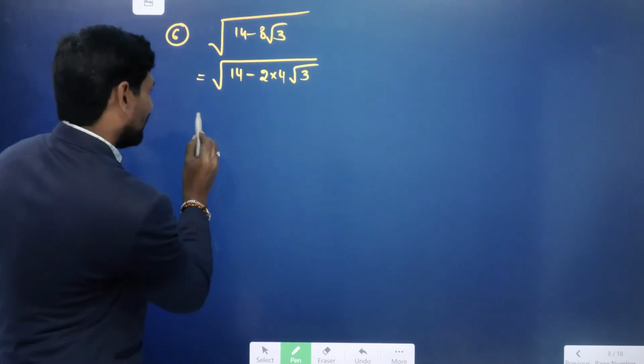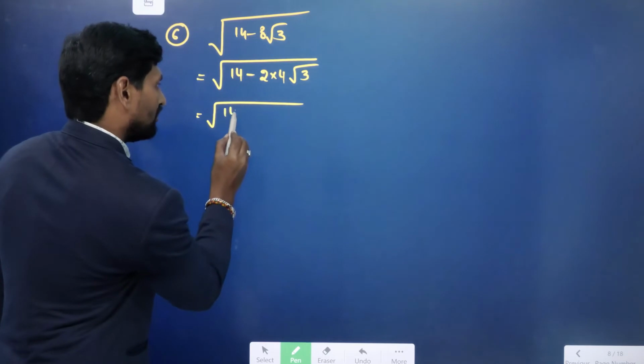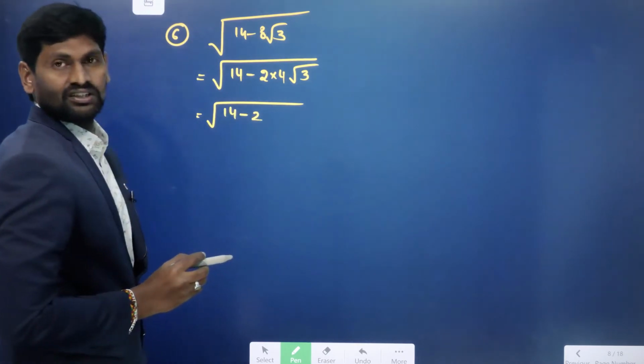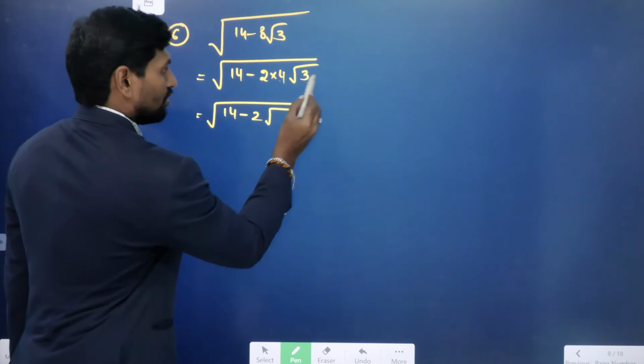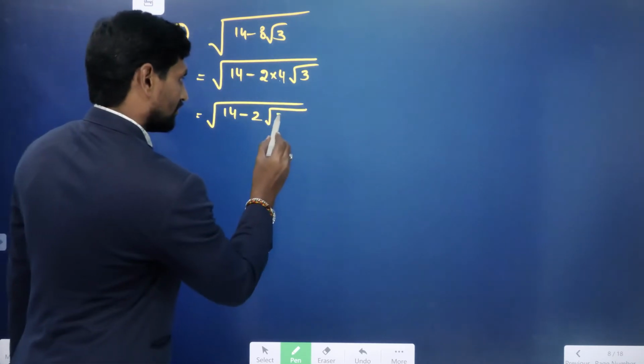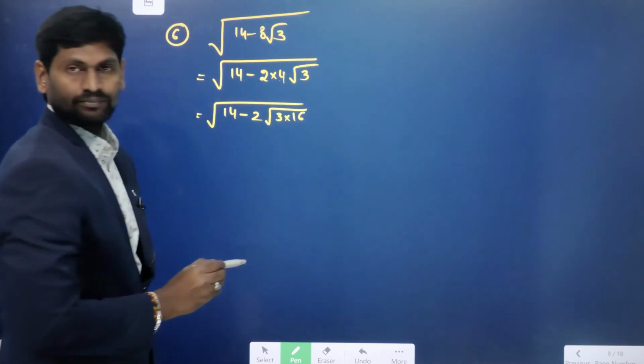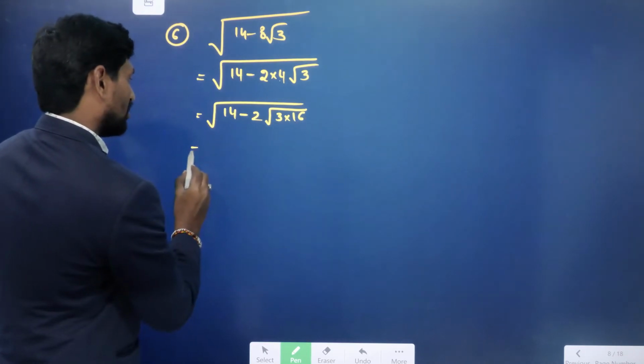Now next step, only 2 should be left outside, and that 4 should be taken inside. So 4 becomes 4 square. 4 square means 16. So 3 sixteens are how much? 48.